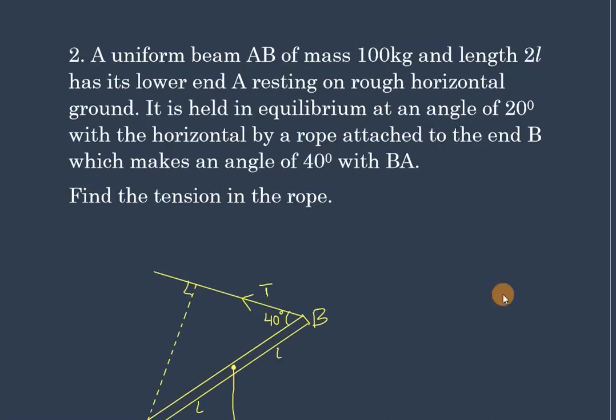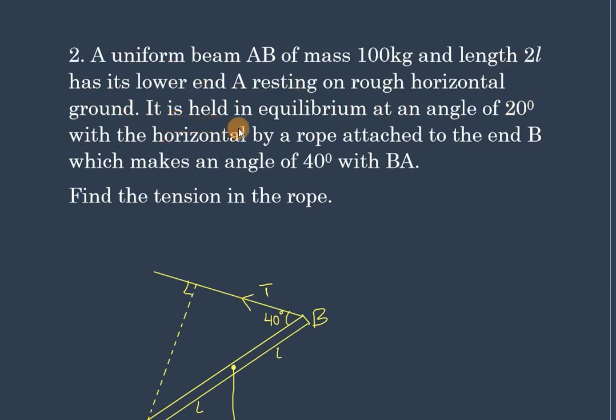We have this example. A uniform beam AB of mass 100 kilograms and length 2L has its lower end A resting on rough horizontal ground.